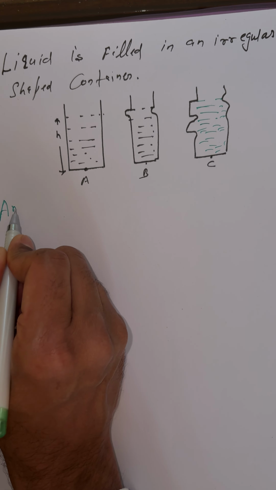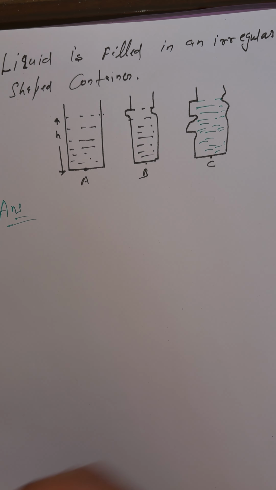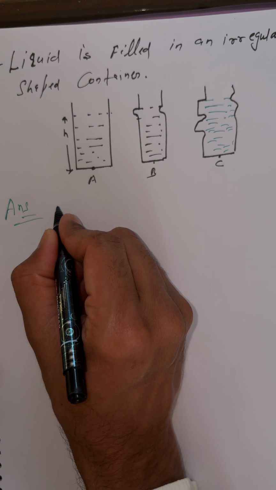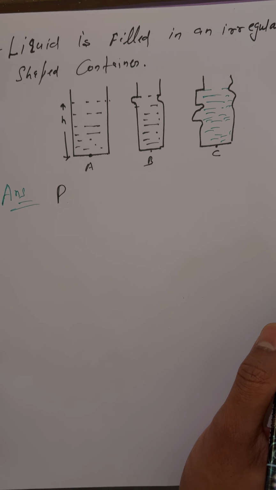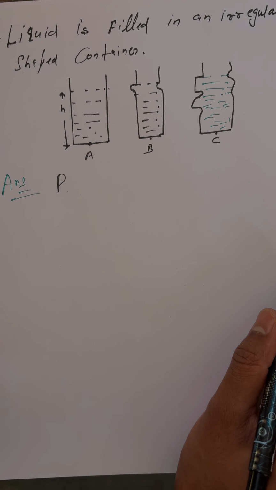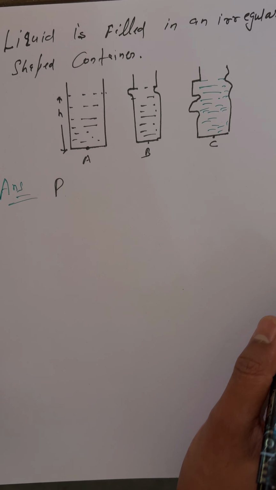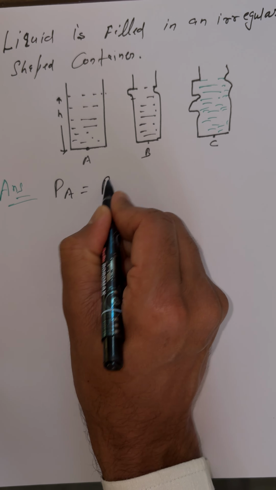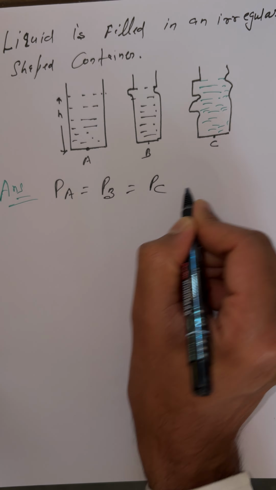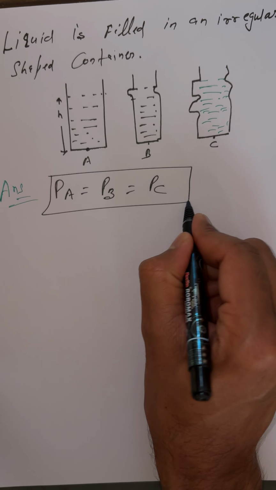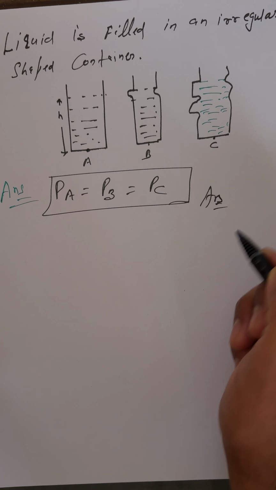So what's the answer? You can write that it remains the same. That is, pressure at A is equal to pressure at B is equal to pressure at C. So this is the answer for this question.